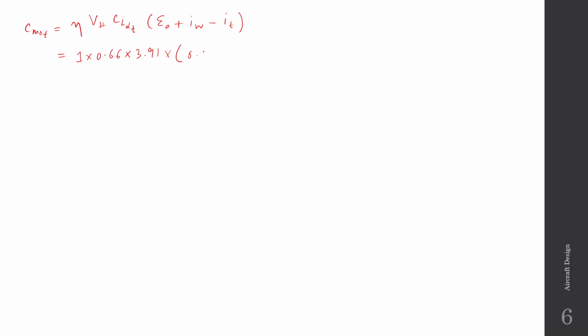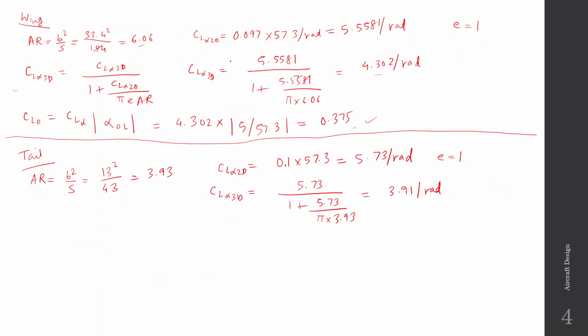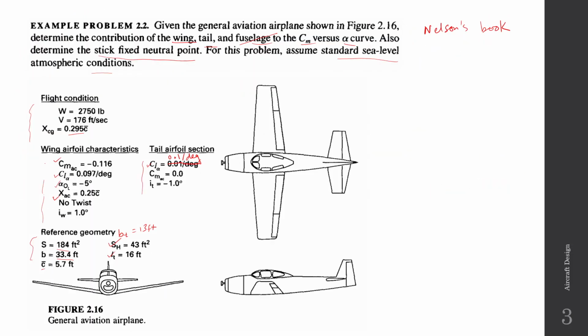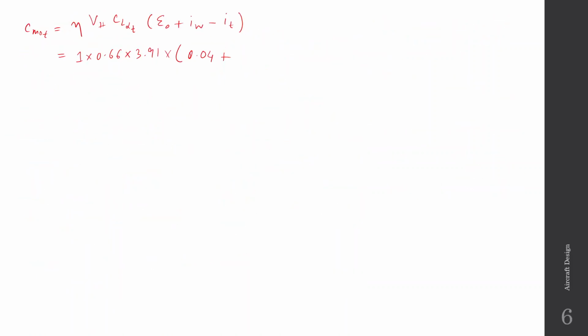Epsilon naught is 0.04. Setting angle of wing is 1 degree and setting angle of tail is minus 1 degree. So it is 1 plus 1 by 57.3. Why this? These were given in degrees and this is in radians, so I am converting this into radians. So now you can calculate everything.